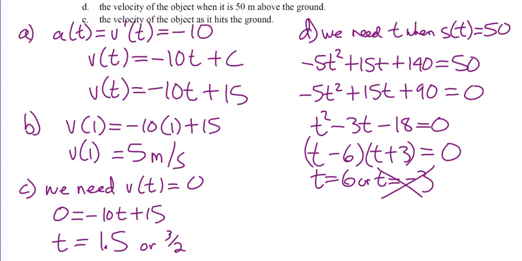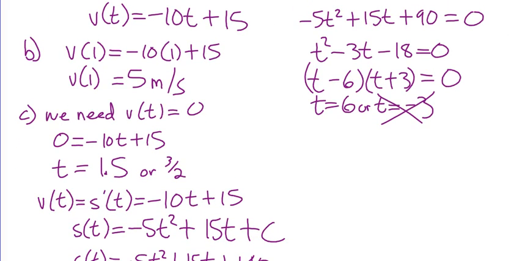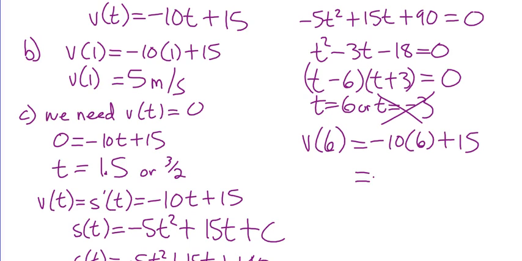All right, so reject the -3, and we have 6 seconds. Well, what were we finding? Oh, we need velocity. Okay, so now we want v of 6. v of 6 is -10 times 6 plus 15, which will be -45 meters per second.